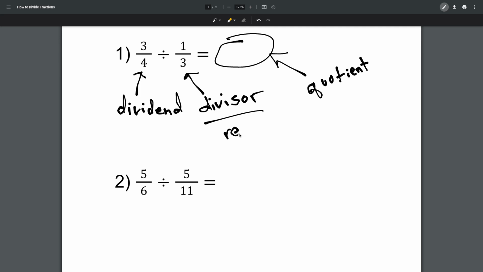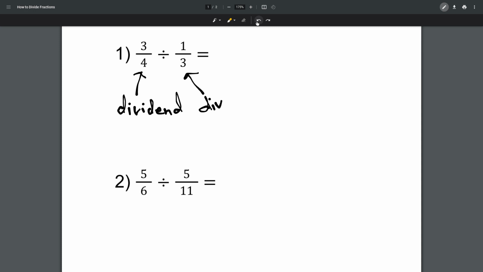So reciprocal. Hopefully I spelled that correctly. But all you basically need to know is we're going to flip this, okay? So let's get about doing that. And let me just clear out some of this stuff here, and we'll get to the problem.